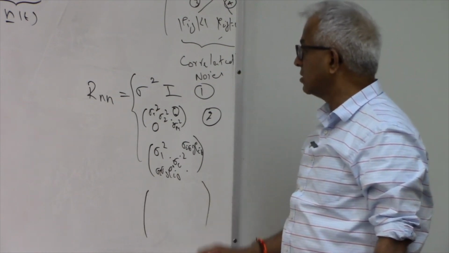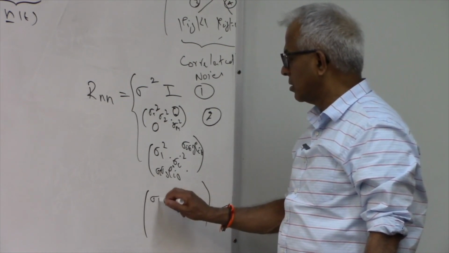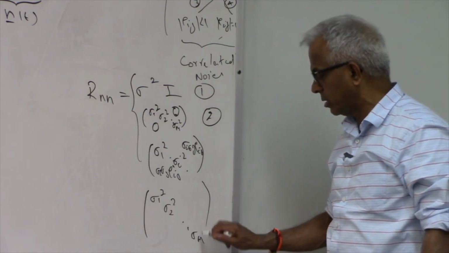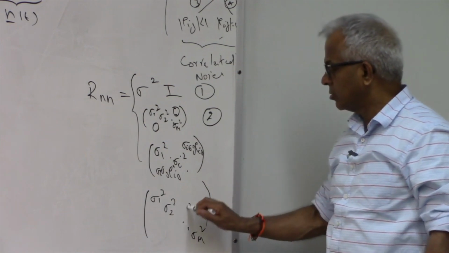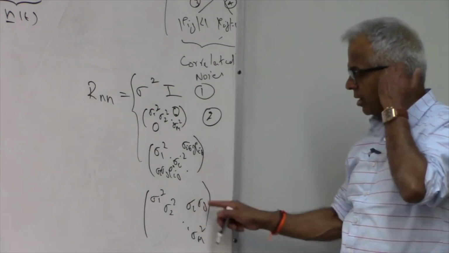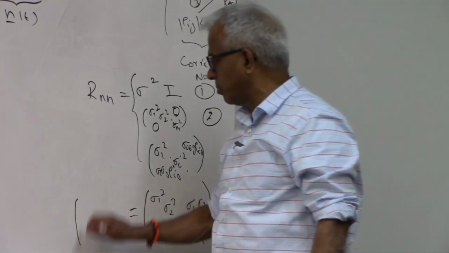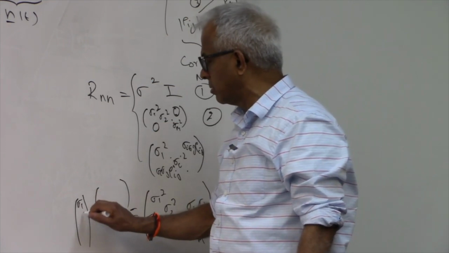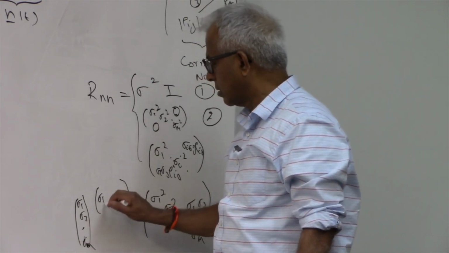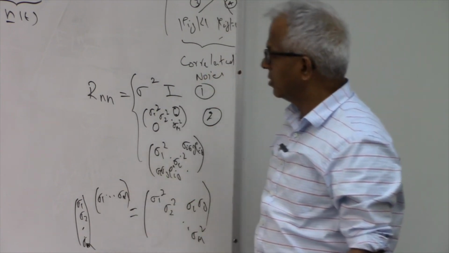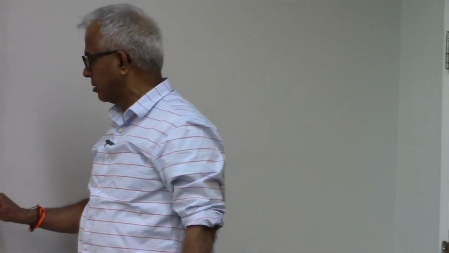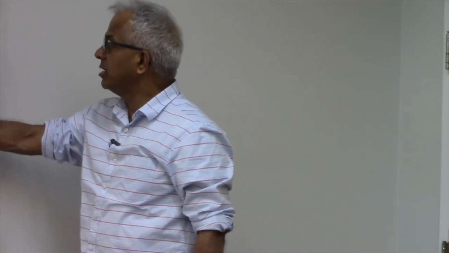And the fourth case is you have sigma 1 squared, sigma 2 squared, etc., sigma m squared, but rho is 1, so this will be sigma i, sigma j. You can write this as the completely coherent noise case. I don't know which situation this comes up in, but we will deal with this today.